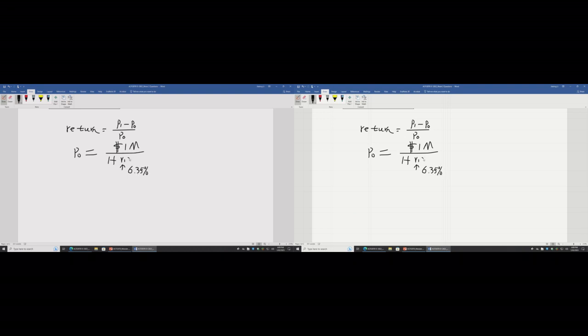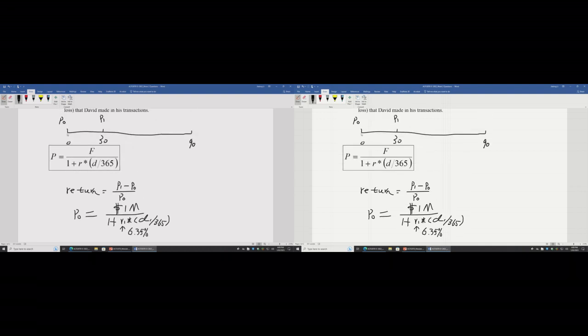And multiply by D over 365. So D is the number of days till maturity, right? So this bank bill was issued at time 0, and maturity is 90 days later. So that's why D1 is 90. Okay, 90. So how many days till the maturity?